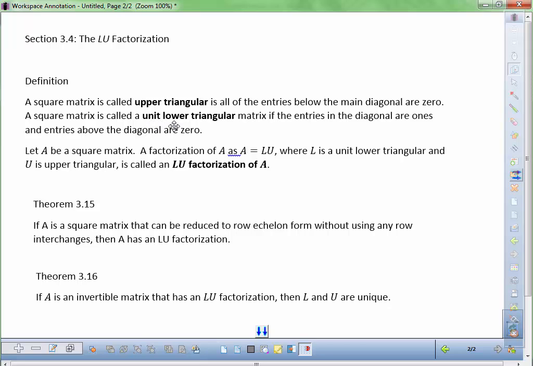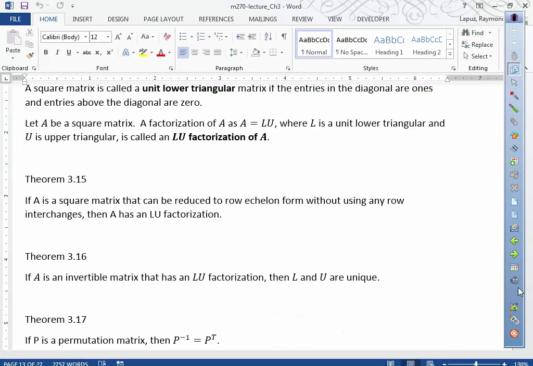So to ensure that it's a unit lower triangular matrix, it should be unique. The only way your row reduction might not be unique is when you row swap, and when you row swap, then things change a little bit. We'll talk about permutations in a minute.